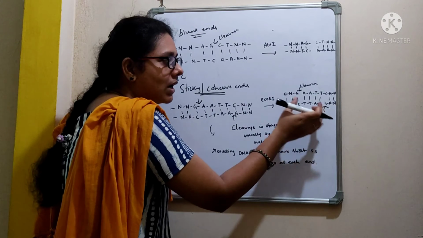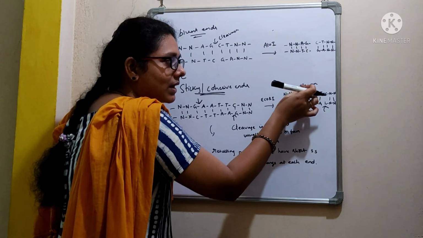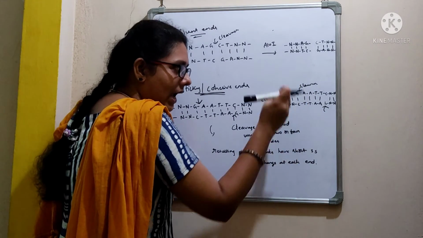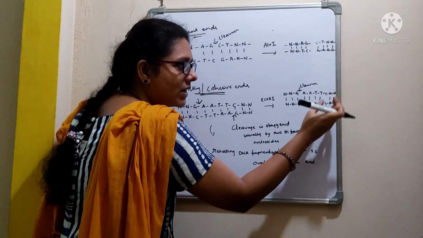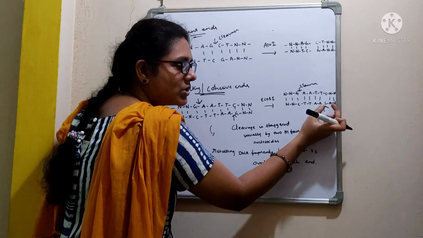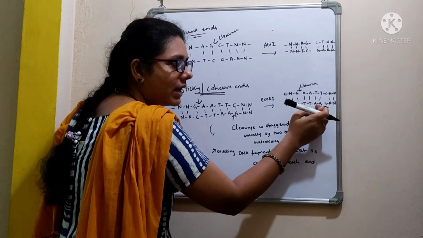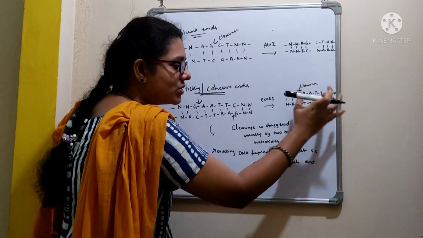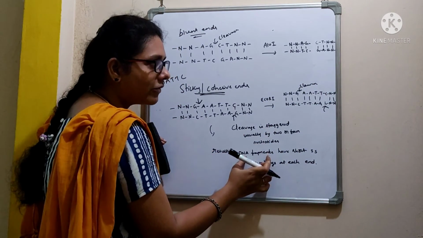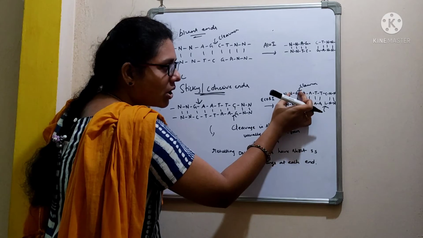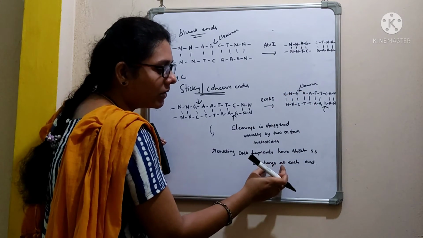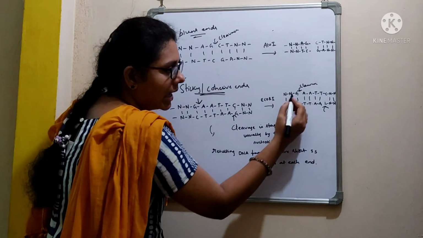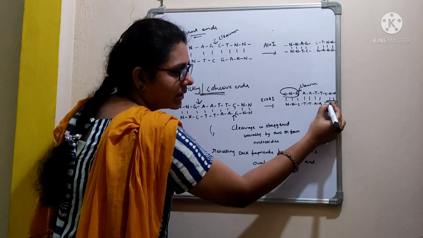So on one strand the cleavage is over here, and on the other strand the cleavage is in the opposite direction, in between the guanine and the adenine. So this cleavage results in the DNA fragments having short single stranded overhangs at each end. Observe the overhangs over here.